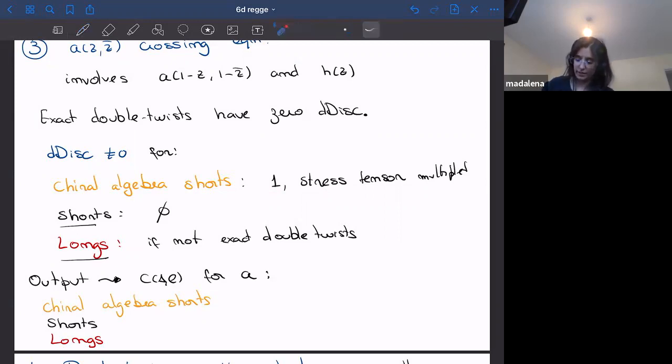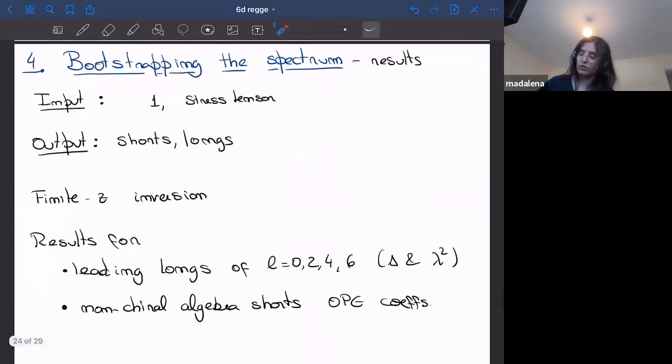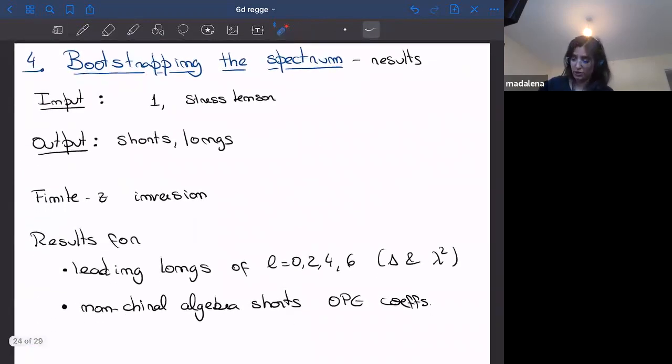So now we can do this inversion game where we invert what we know and we get out everything from it. So very quickly to end, I'll just flash the results we got. The idea is that we use as input just the identity and the stress tensor.